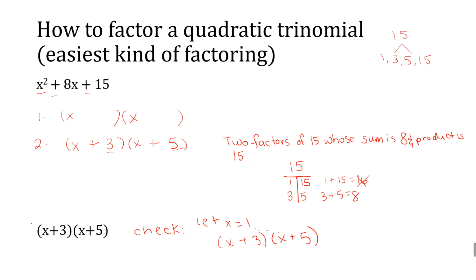I would take x times x, our first terms, which is x squared. Our outer terms would be x times 5. Inner terms would be 3 times x. And last terms would be 3 times 5 is 15. And I get x squared plus 8x plus 15. So I factored correctly.